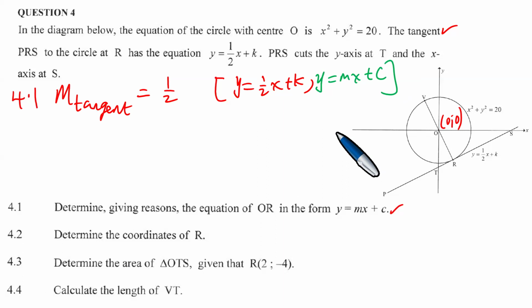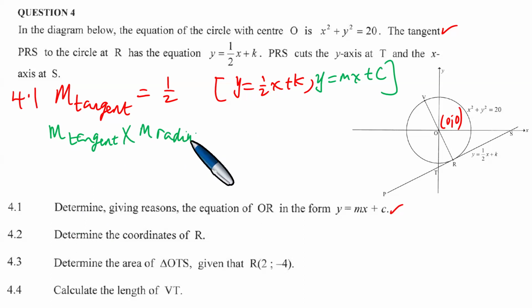Okay, so we continue. Now to continue, we need to know that the gradient of a tangent multiplied by the gradient of a radius at the point of contact is -1. Why is it -1?